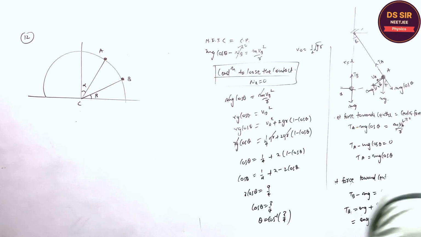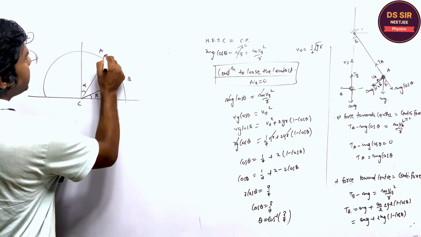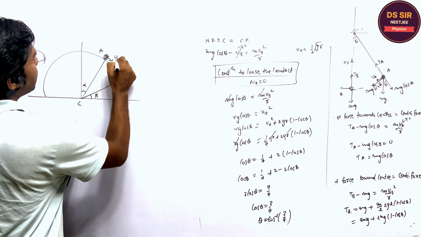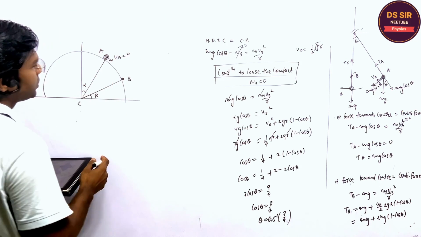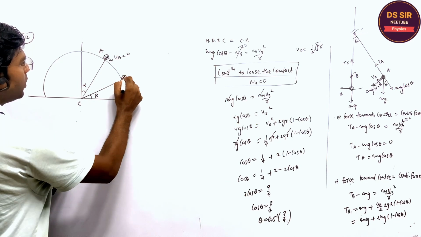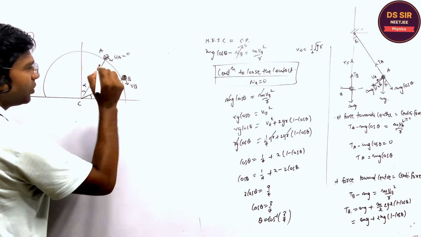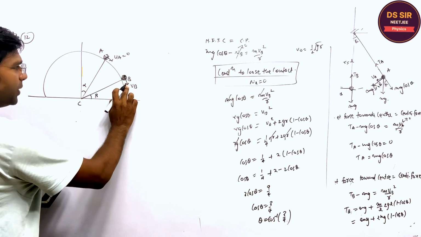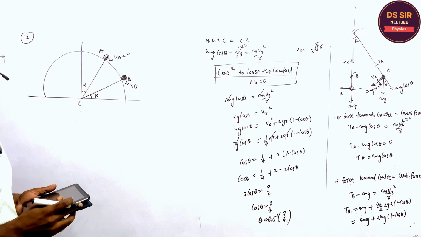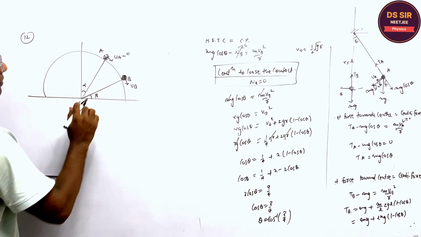So you can check alpha is the angle from the vertical and beta is the angle from the horizontal. According to the question, the particle starts from rest over here, right? The initial velocity is zero. So when it comes down and reaches point B, it will acquire some velocity, no doubt. And at point B, the particle loses the contact, then you have to find the relation between alpha and beta.